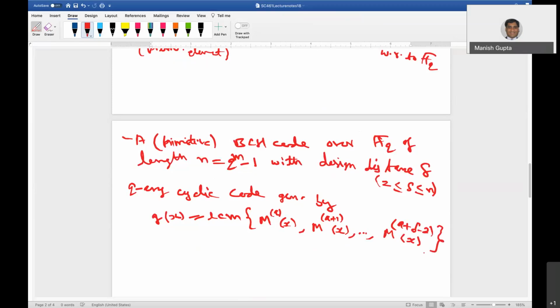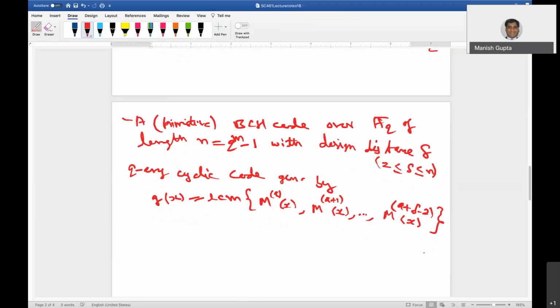This is how we can define the general BCH code. We have taken the definition of the double error correcting BCH code and generalized it in the same manner: the generator polynomial is the LCM of all these minimal polynomials, for some a.